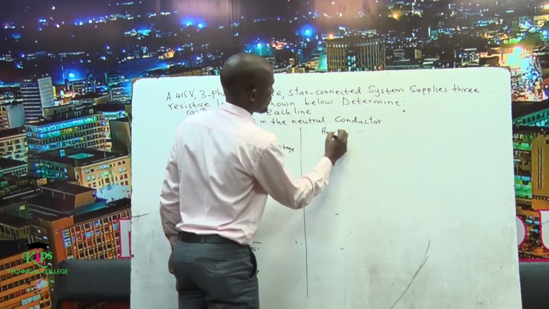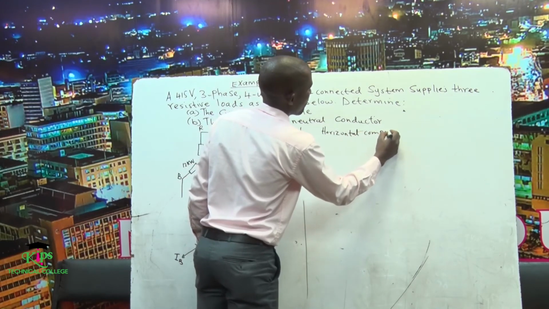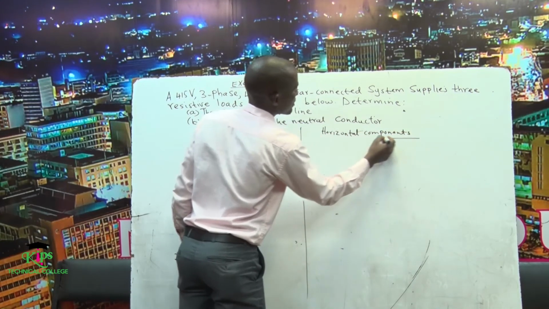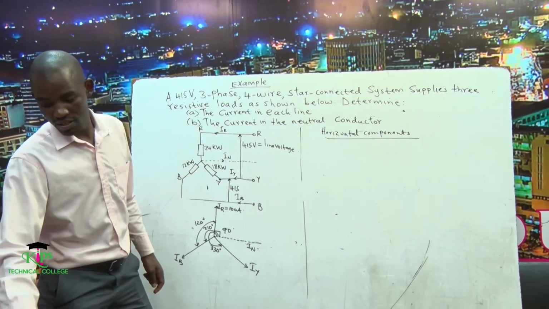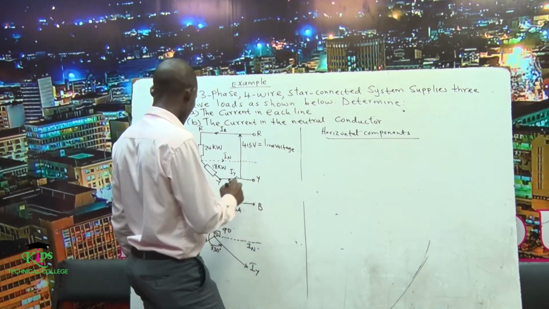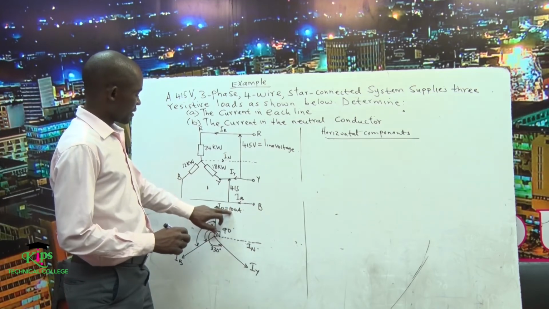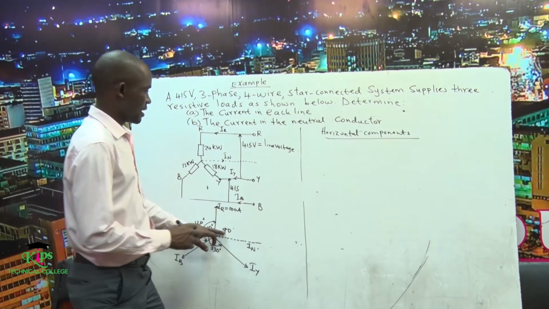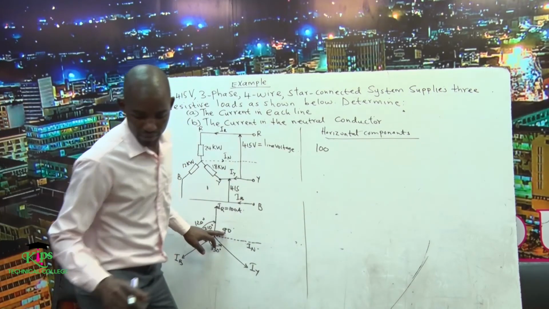So now when we are dealing with horizontal components, I've said we use cos. So meaning we will have this I with this angle which is 90.